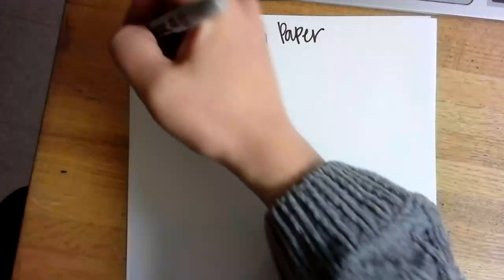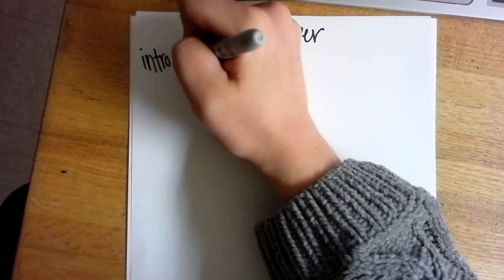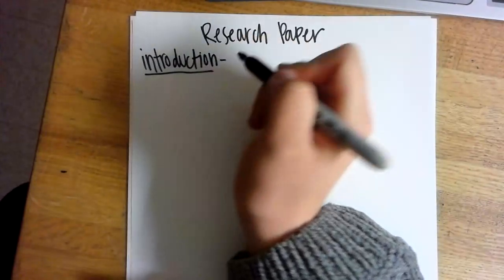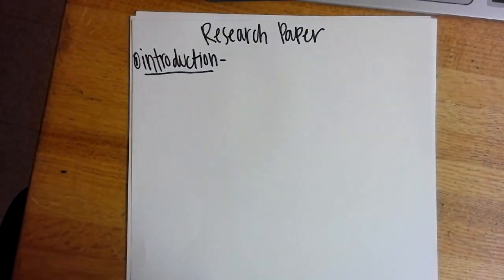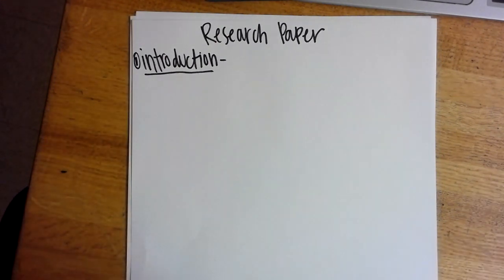Okay. So the first paragraph is going to be an introduction. This is going to tell the readers what the paper is about and also get the readers interested in the paper. Okay.